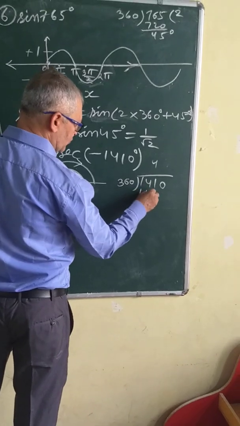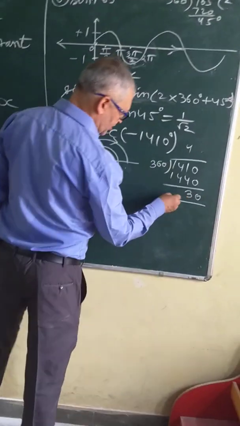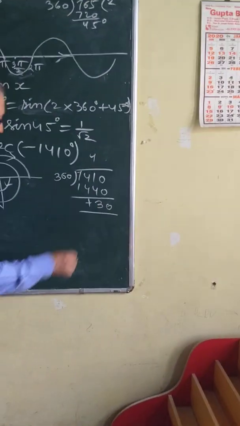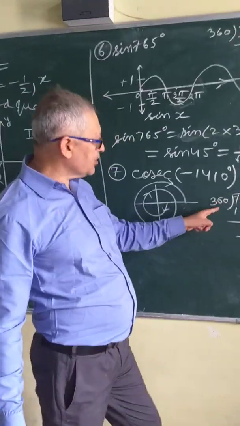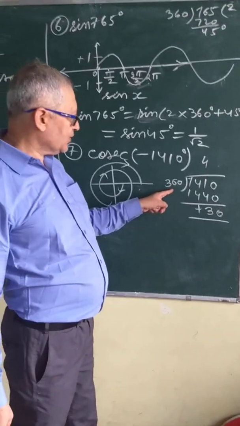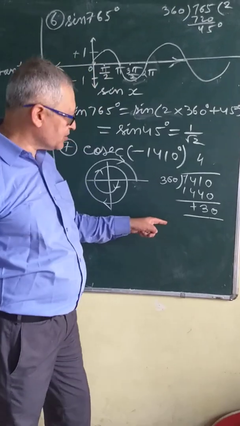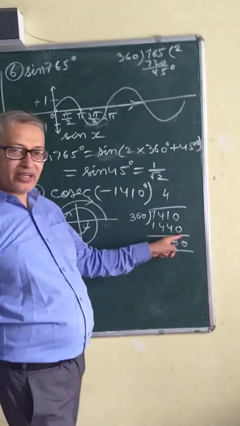360 times 4 is 1440. So how much angle is remaining? 30. This means the angle is negative and the remaining angle is 30. So before completing 4 cycles of 2 pi, meaning 360, the angle is 30 degrees left. This means this angle is 30 degrees less than 1440.